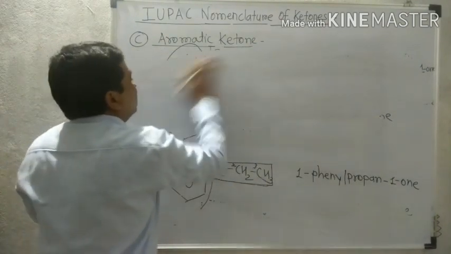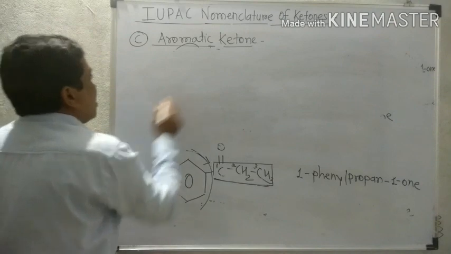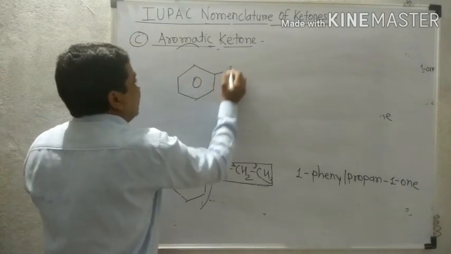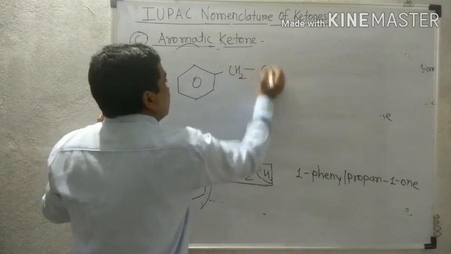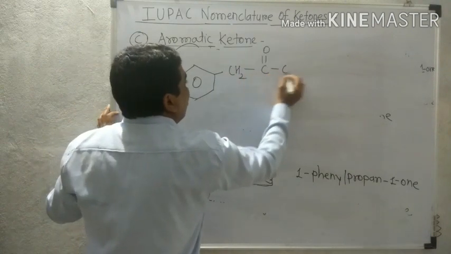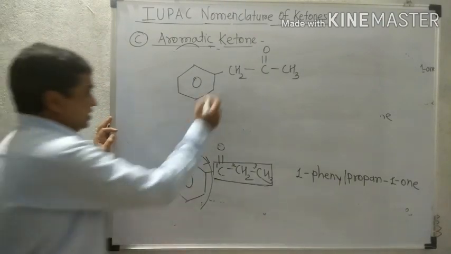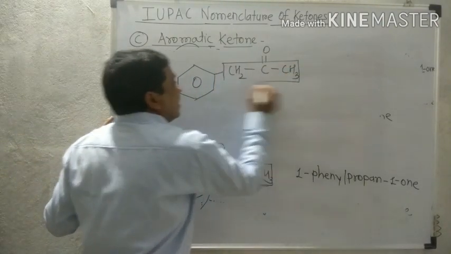The next example is of this type of aromatic structure: the benzene ring attached with CH2, then attached with C double bond O, which is attached with CH3. For this structure, obviously, this is the carbon chain.